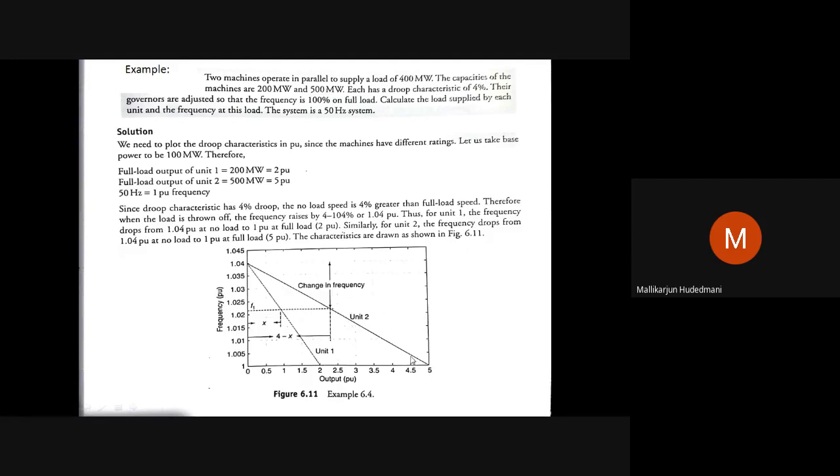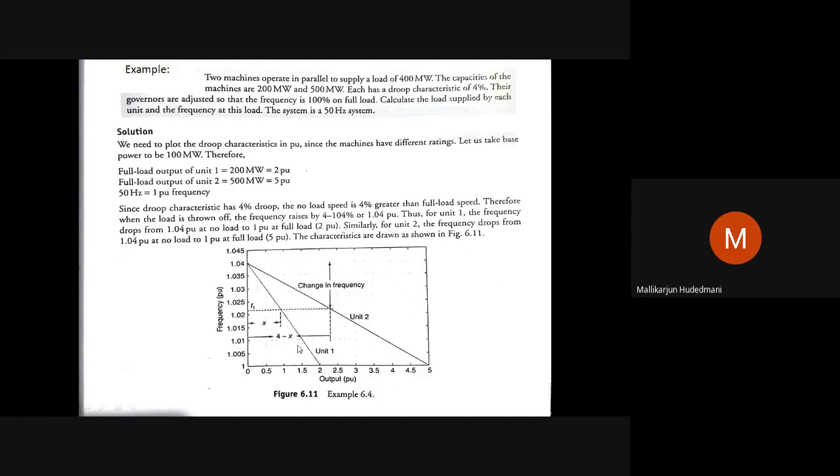So you have done the plot of frequency and power for this problem. 200 megawatt converted to 2 PU, 500 megawatt converted to 5 PU, and frequency 50 Hertz became 1 PU, and you converted 0.04 of that as 1.04 PU. From 1.04 PU you joined 2 on the x-axis. From 1.04 PU you joined it to 5 as the power unit. This made your first arrangement.